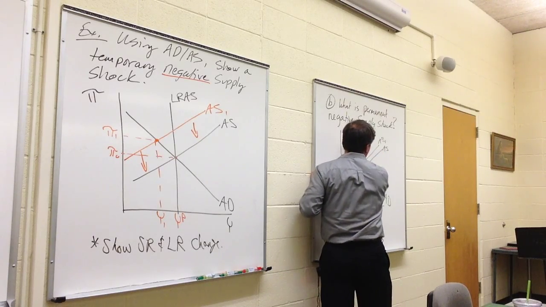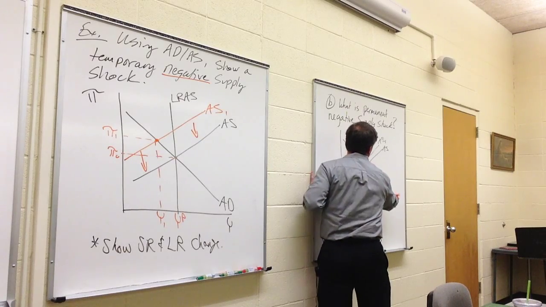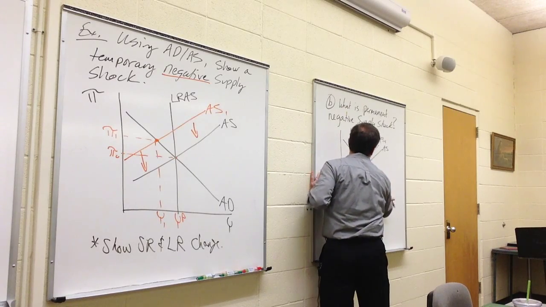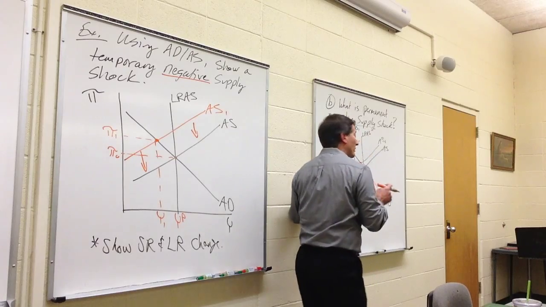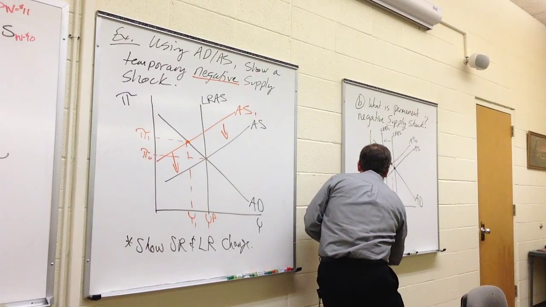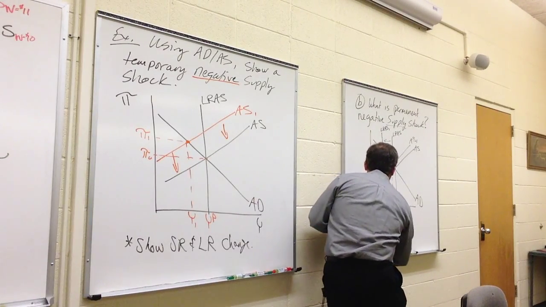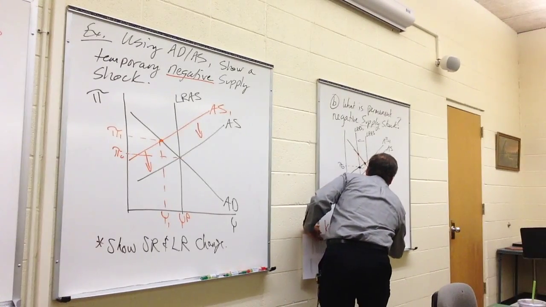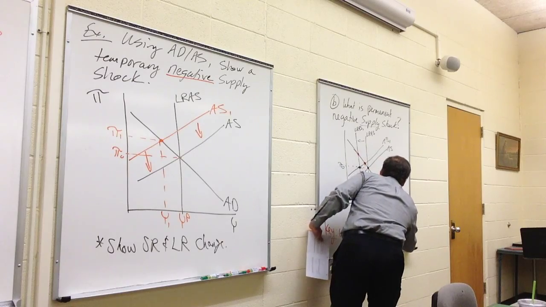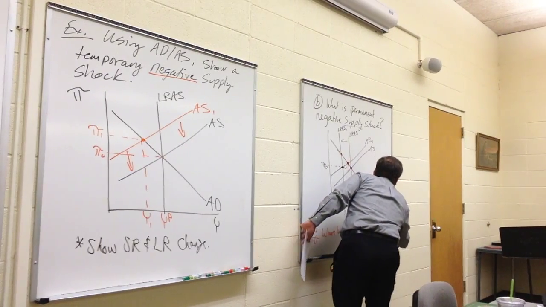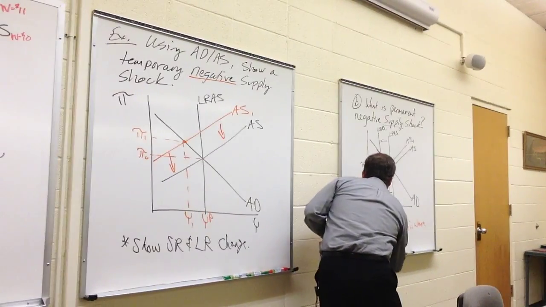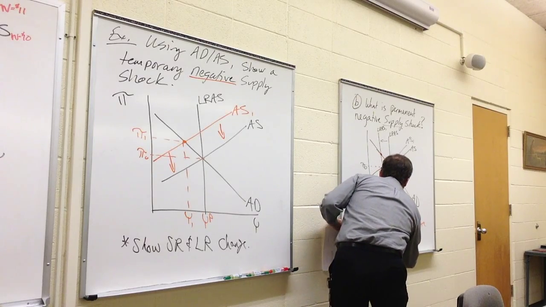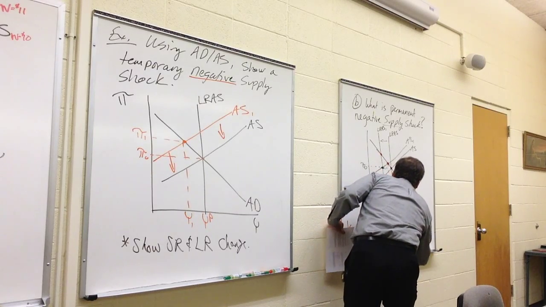Where we're always headed in the long run is a key thing to eyeball, is where the aggregate demand curve intersects the long run aggregate supply curve. So let me add that key. Where we are headed is where aggregate demand and long run aggregate supply intersect.